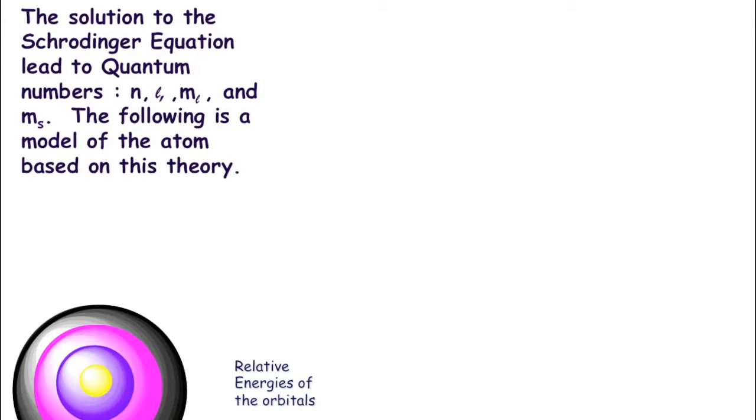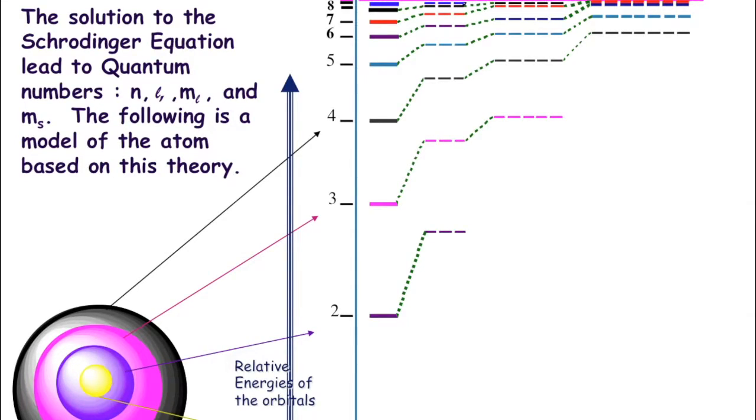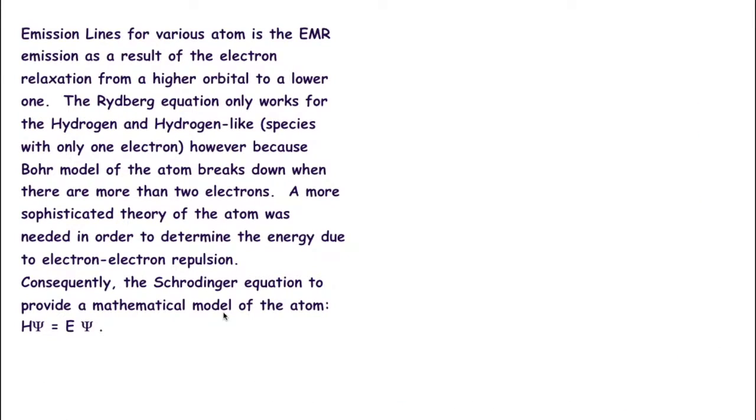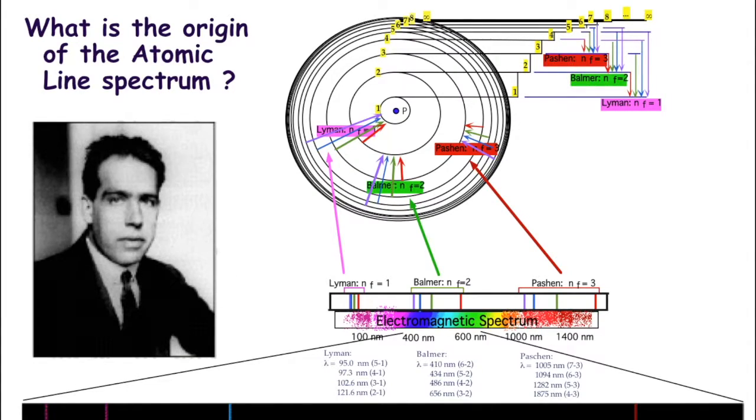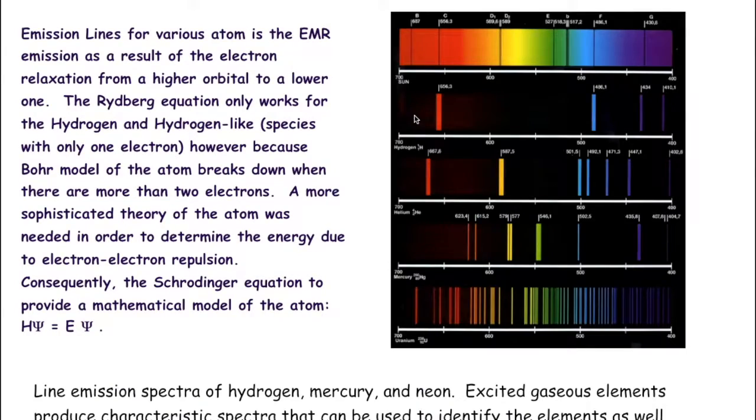And that theory is quantum mechanics. Quantum mechanics simply tells you that these electrons are housed in these different orbitals. This is the first shell, this is the second shell, this is the third shell, the fourth shell, fifth, sixth. Remember this diagram right here, where you have concentric spheres? Well, that's what these are.